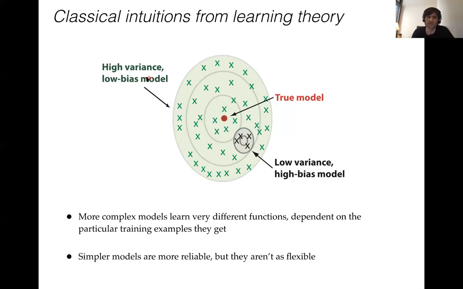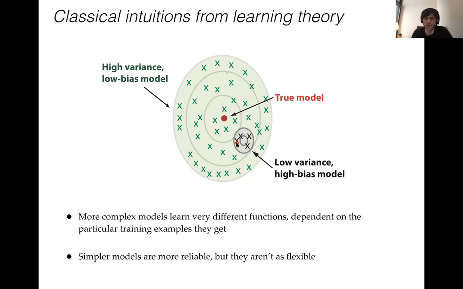So think of this like the 10th order polynomial. But every time you get a data set of a certain size, you'll get a different model that you fit. The parameters that you fit will be different. So you'll get all these different x's. So although the true model is in the space of what the model we're fitting is able to do, from the data samples that we have we don't always get that model, we get something else, and there might be a large variance around the true model.